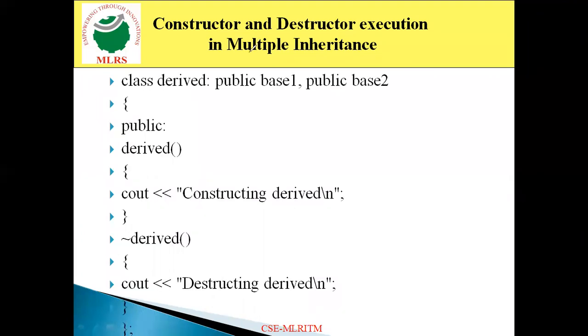Here I am deriving a new class Derived from the base classes Base1 and Base2 in public mode. In the public mode, I define the constructor Derived, which displays "constructing Derived", and the destructor Derived, which displays "destructing Derived". Then close the class.